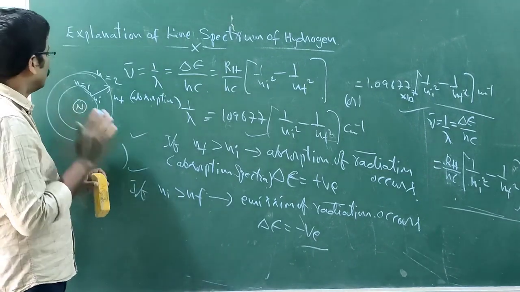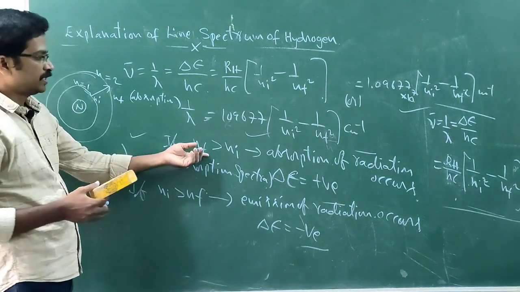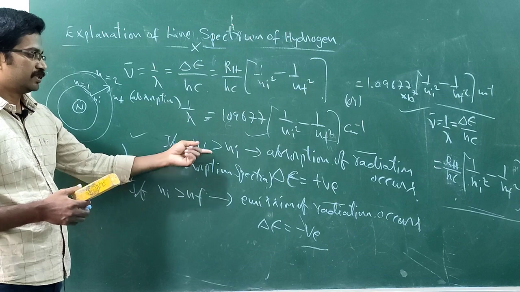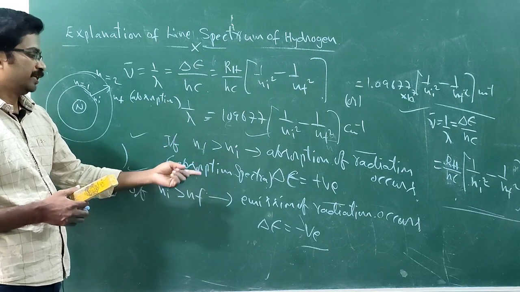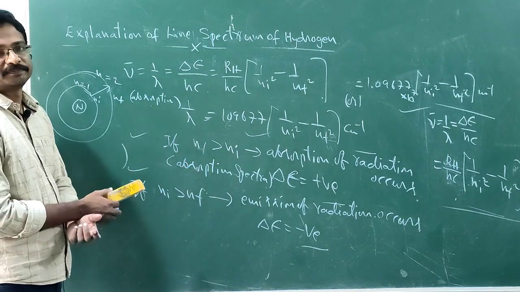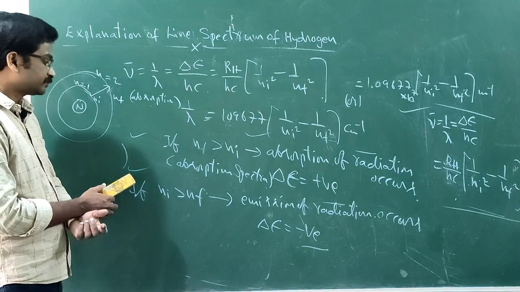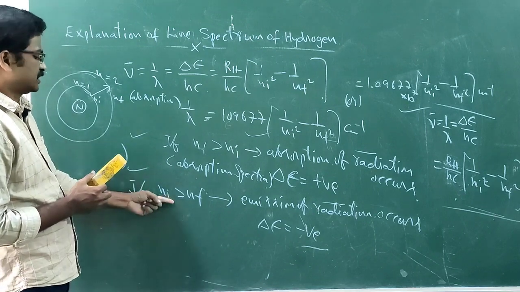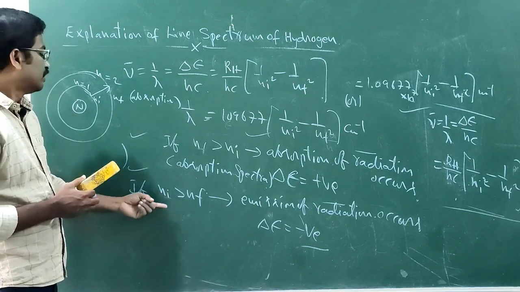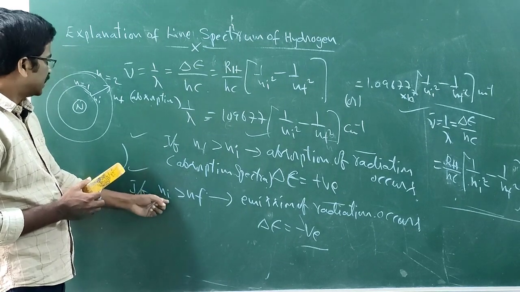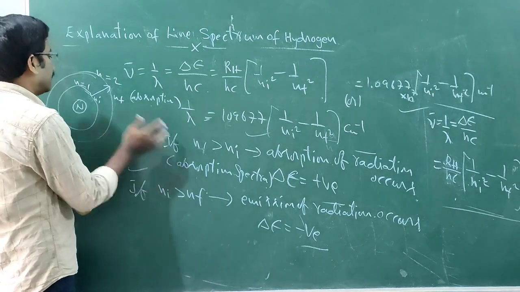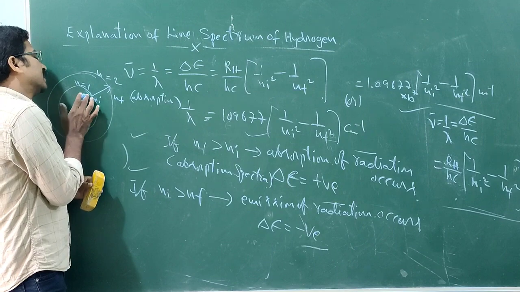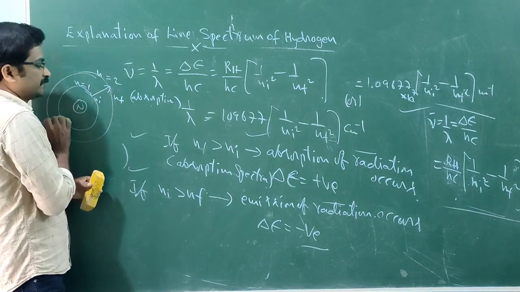This is the absorption of radiation, giving absorption spectra. What does this mean? In absorption, the starting point is here, and the electron goes from this point to this point.